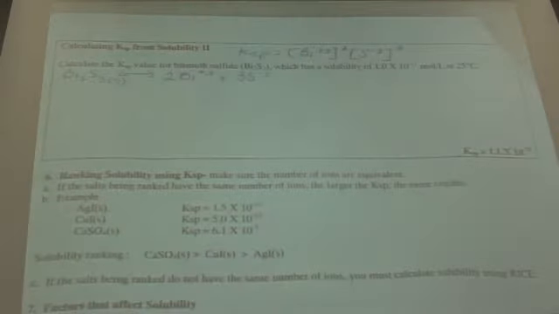My KSP expression would just be based on these ions: Bi3+ raised to the second power times the sulfide ion raised to the third power. Everybody with me so far? Yes.